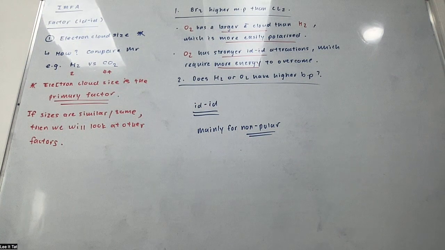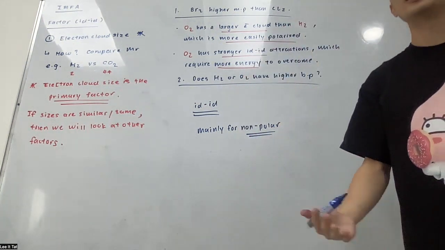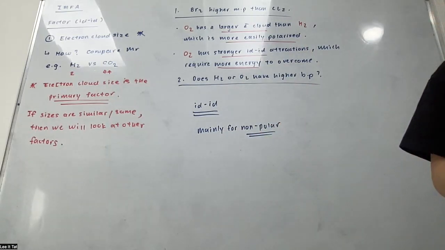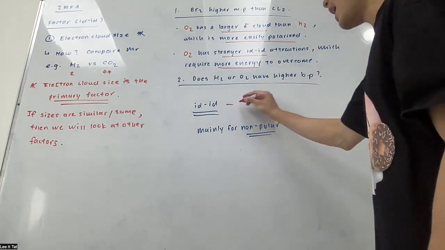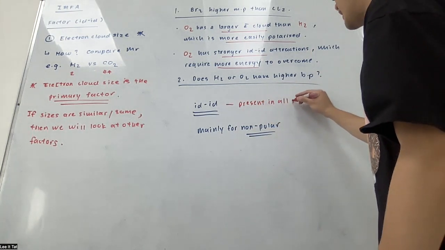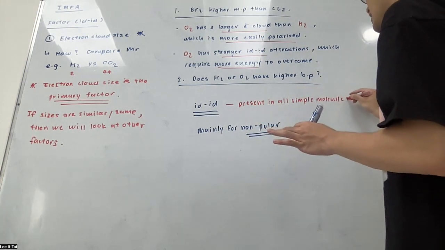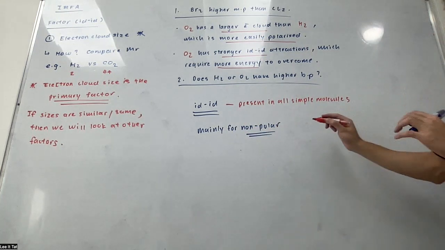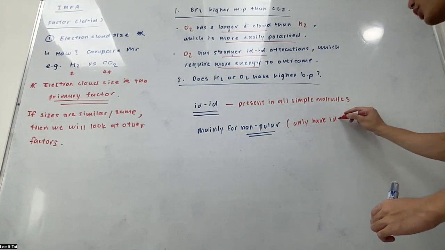So in terms of the molecule, O2, there's no electronegativity difference, it's non-polar. But as I mentioned earlier, let me reiterate this one more time. ID is present in all molecules. All simple molecules have ID attractions. But non-polar molecules only have ID attractions.